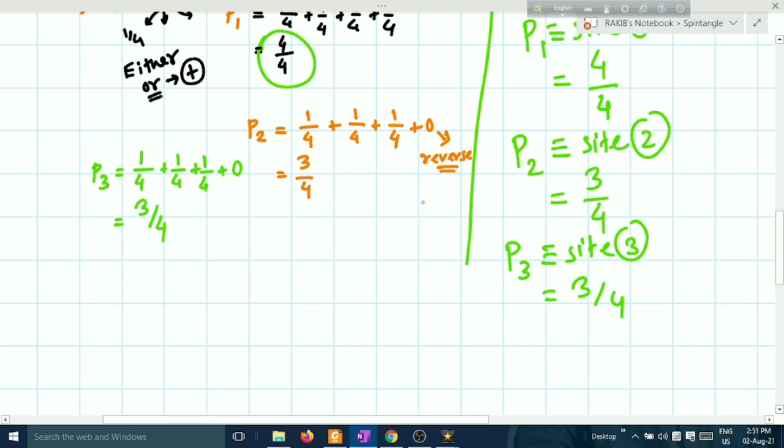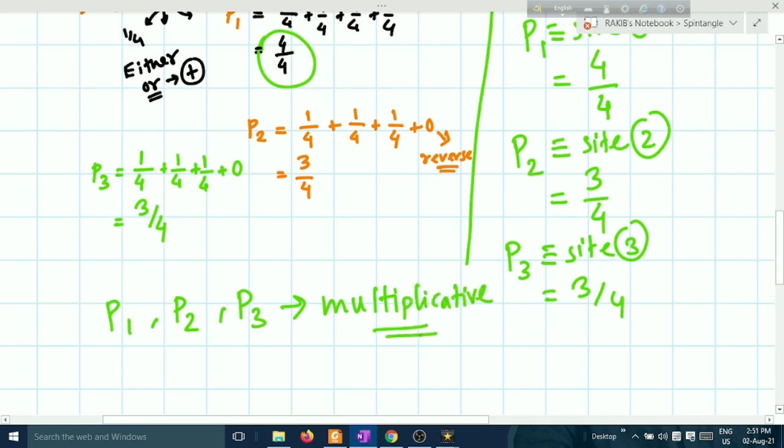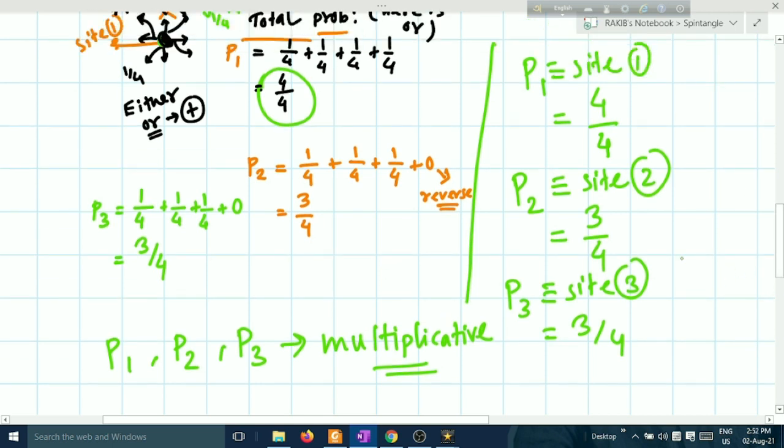This P1, P2 and P3 have a multiplicative nature, because this is a complete path and there is an AND relation. Why AND relation?